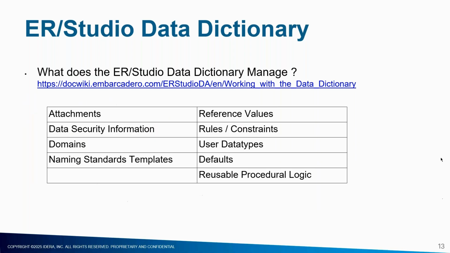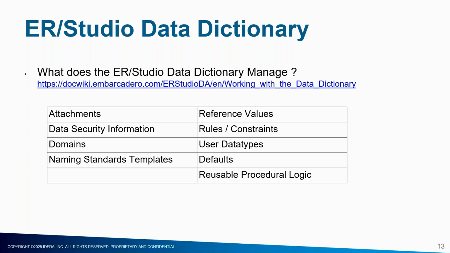Okay, and just for reference really, these are the different object types that you'll see within the EOS Studio data dictionary. The ones on the left are probably what I see most of our customers using most frequently, and also what I think give the most value and the most benefit. So we touched a little bit on those attachments and data security information already.